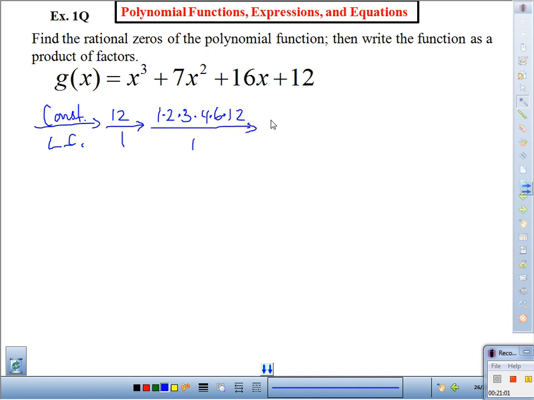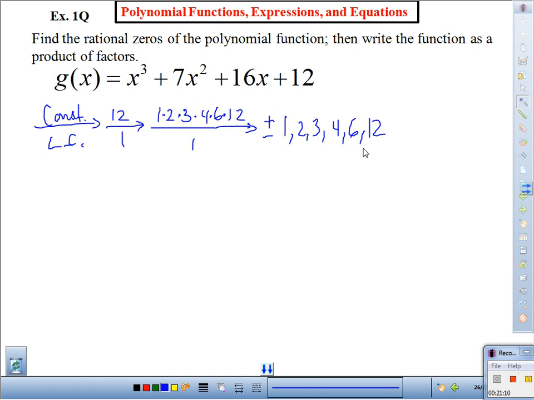So my possible rational zeros are plus or minus 1, 2, 3, 4, 6, 12. And once again, where did we get those from? Well, what is 1 divided by 1? 1. 2 divided by 1, 2, 3 divided by 1, and so on and so forth.